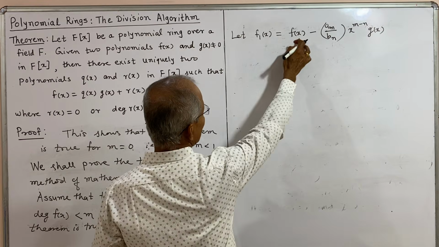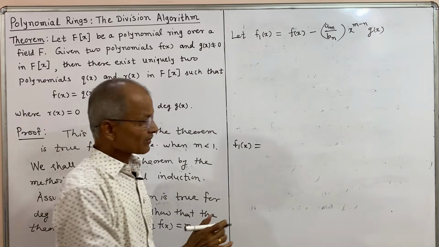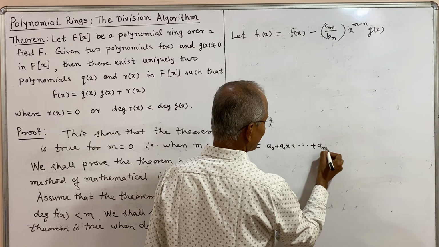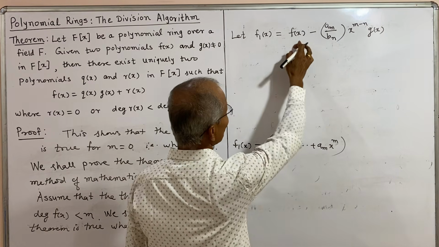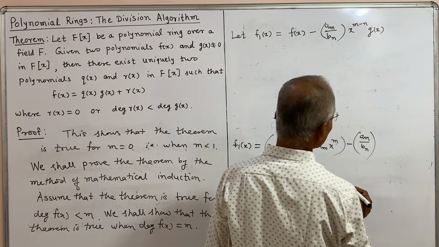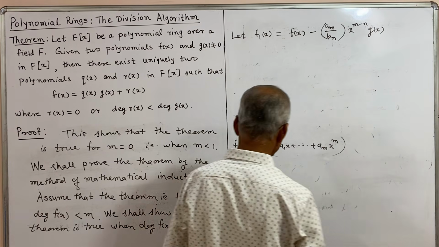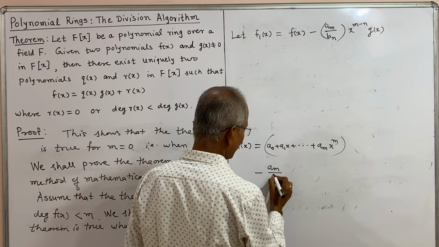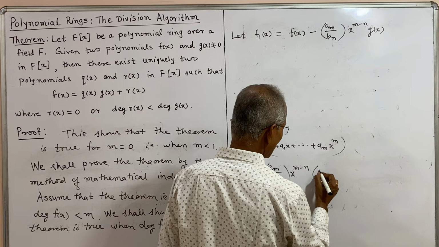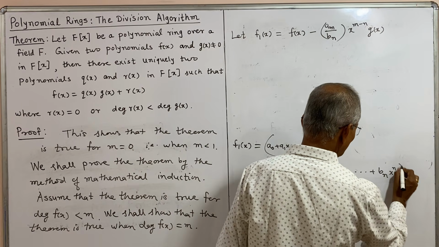We shall see what f(x) is, then this f1(x) will be, actually we shall only verify this. f(x) is a naught plus a1 x and so on, up to a_m x power m, minus a_m upon b_n into x power m minus n into g(x). What is g(x)? b naught plus b1 x plus and so on up to b_n x power n.